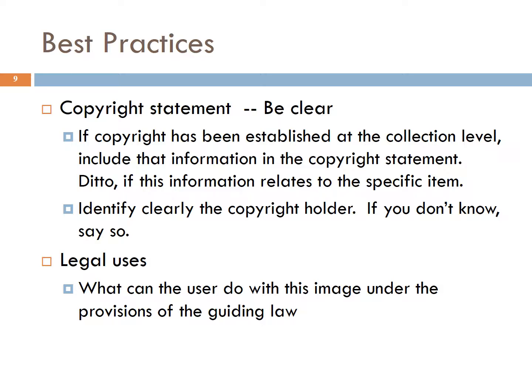So if you have an image that is in the public domain and everything else has been pretty much copyright protected, you want to make sure that it's clear in the record that this one is in public domain and may be used. You also want to clearly indicate who the copyright holder is. And if you don't know, then say so. And lastly, you want to make sure that it's very clear to the end user what the legal uses are regarding this particular image.